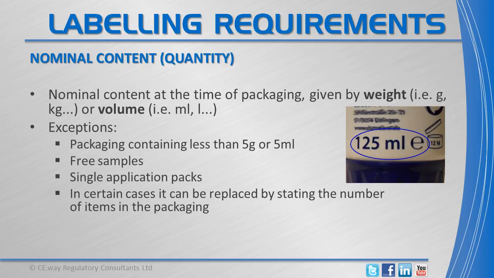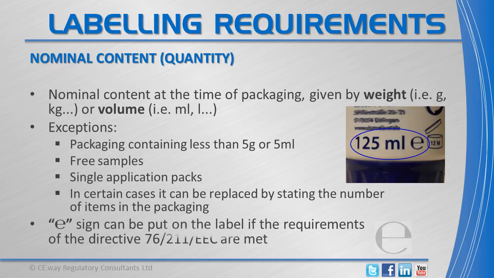Sometimes the nominal content can be replaced by stating the number of items in the packaging. This can be relevant for pre-packaged products normally sold as a number of items. The estimated E sign can be placed on the labels if the requirements of the Directive 76/211/EEC are met. Please contact us if you would like to find out more about this directive.